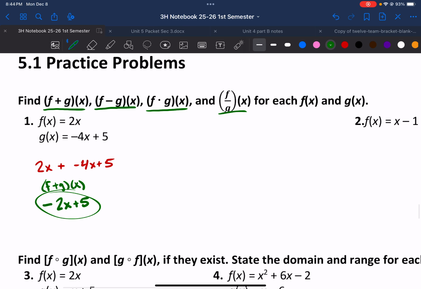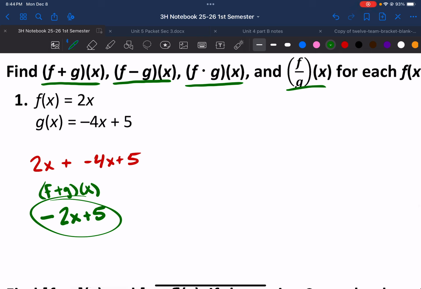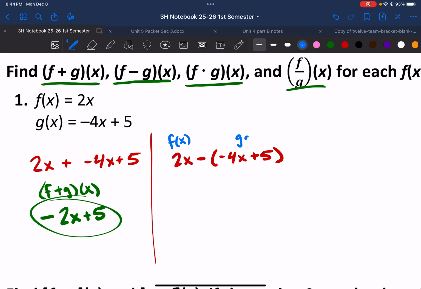Okay, now I should have written way smaller, but we'll come over here and do f minus g of x. So like I wrote, the f equation is f of x, this is g of x, and I'm subtracting the two.